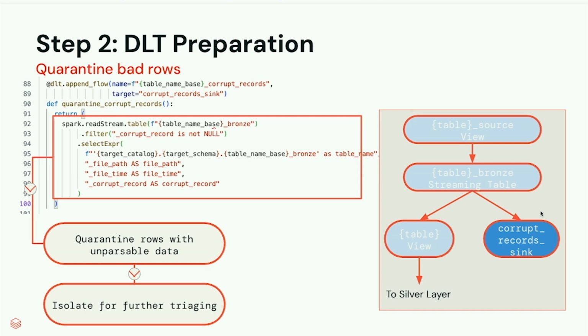We also want to quarantine any records that contain corrupted data. We don't want to expose that to downstream layers. And the way we do that is by appending those to a DLT Delta sink, which just writes those to a Delta table. And the important part here is that it can be shared across multiple pipelines, so you can have all your information in one place.